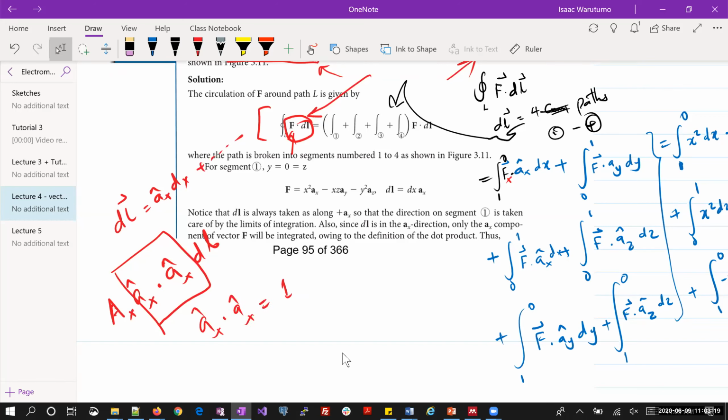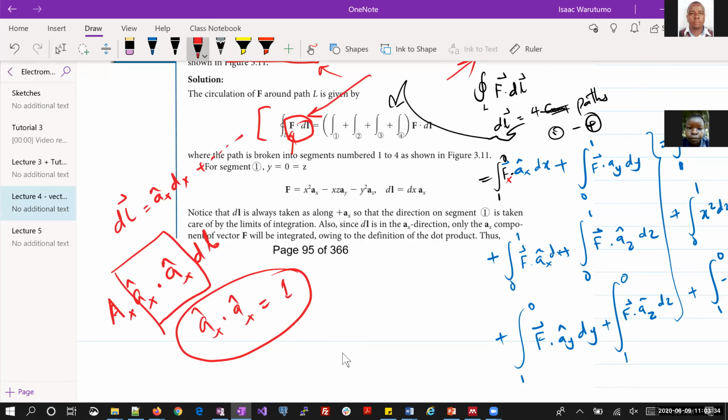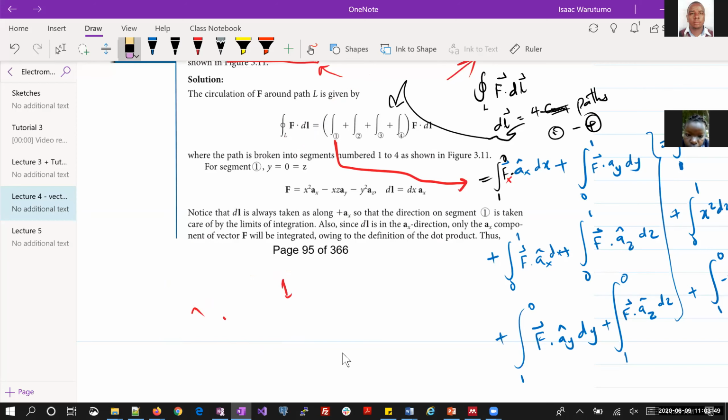This is one of the axioms that we defined about the dot product, and therefore we are going to apply it here. So when we do that, we are going to have the following: when we want to do the integral over the first curve, and I won't take you there now. Anytime I add some material that is new, I have to delete it so that my screen remains clear.